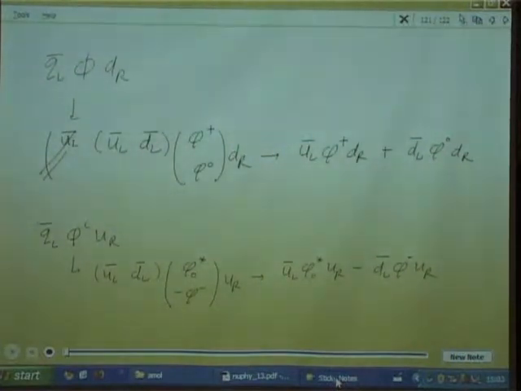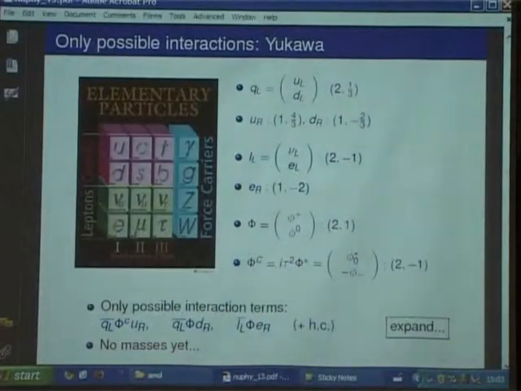What's important here is that if you want to form a term with QL bar and DR, you must have phi. And if you want to form a term with QL bar and UR, you must have phi conjugate. That's because the hypercharges of UR and DR are very different.